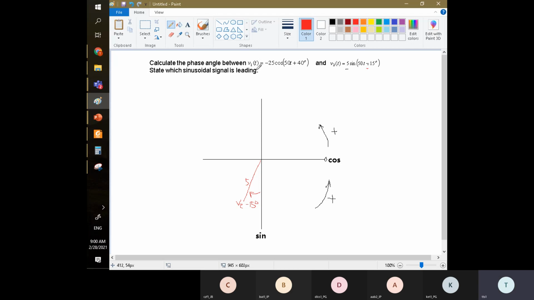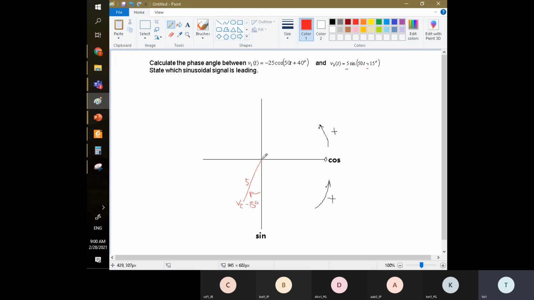V1 is a bit more complicated. V1 is a cosine. Cosine is okay here, but it's a negative cosine. Negative cosine means opposite the amplitude. So we can first draw one guideline, the one without the negative sign. So we just draw the cosine plus 40.